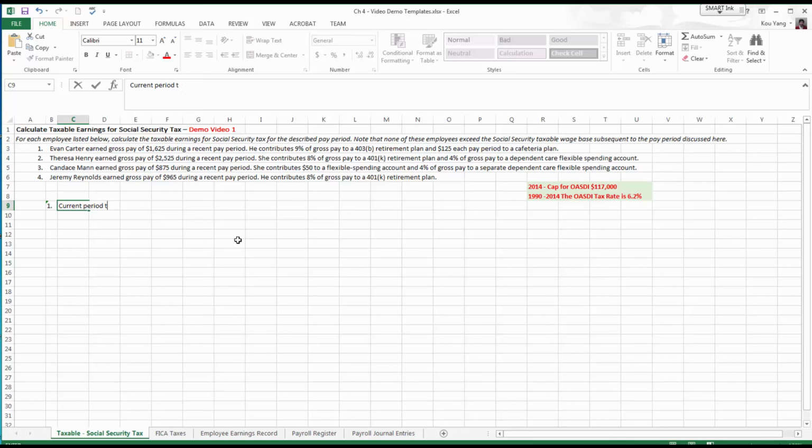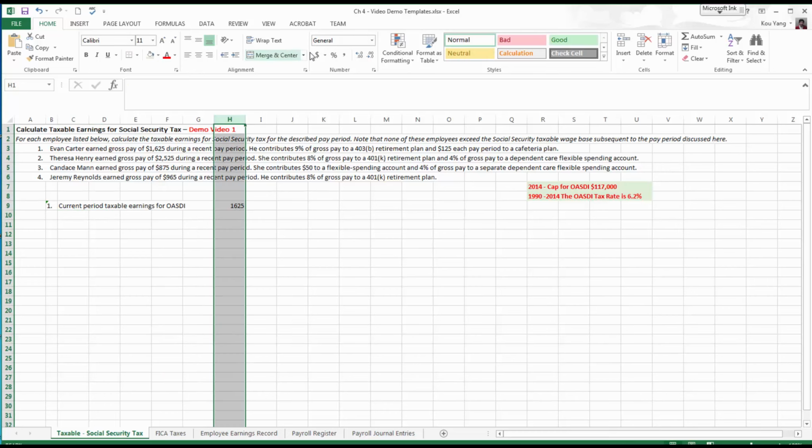Current period taxable earnings for Social Security or OASDI is $1,625.